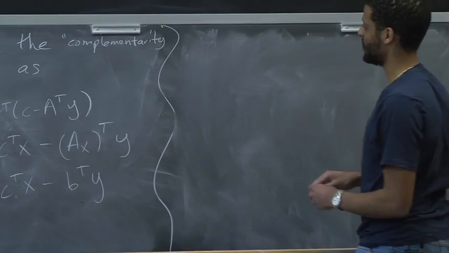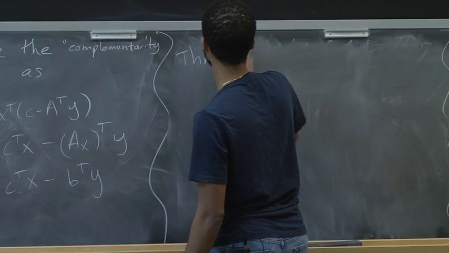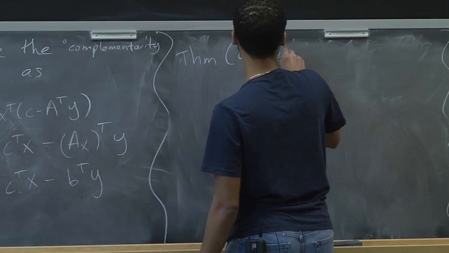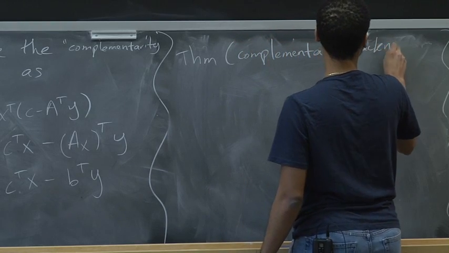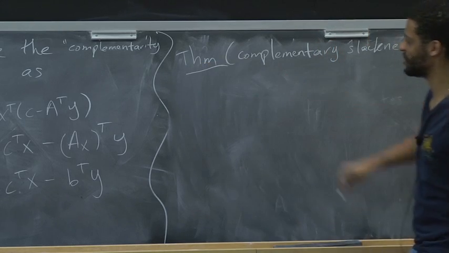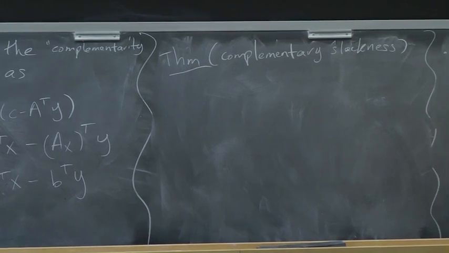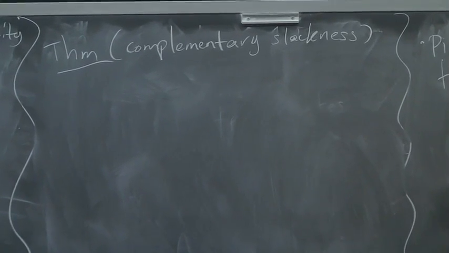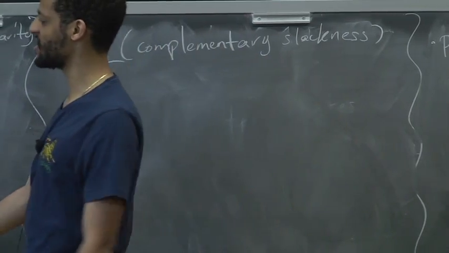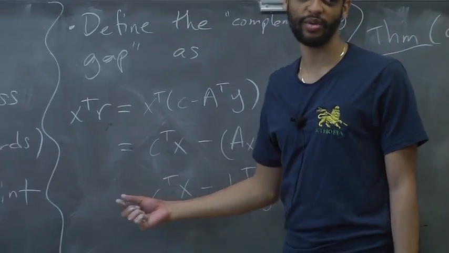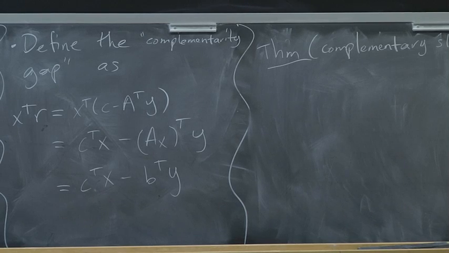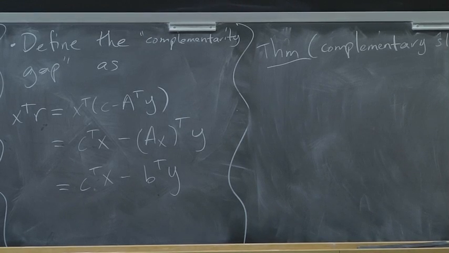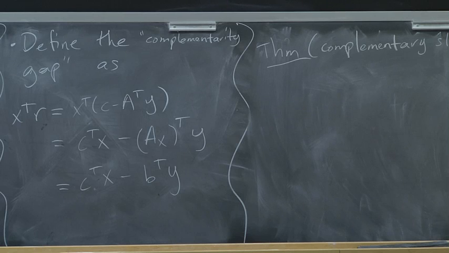So we have a theorem. This is called complementary slackness. If you remember earlier in the course when we were doing online algorithms, I called something approximate complementary slackness, which said that if you're not quite at opt, but you have some bounds on how you almost satisfy complementary slackness, then you can say something about the goodness of your primal solution.